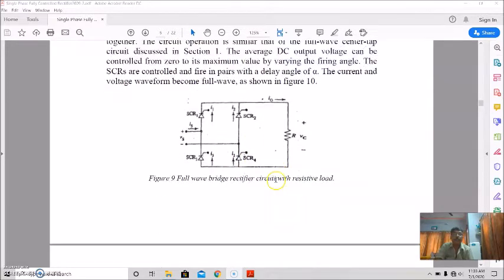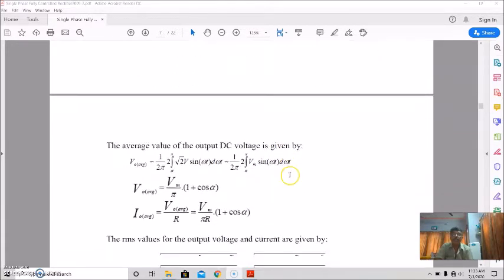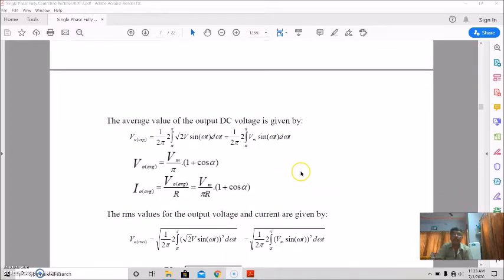So let us see what is the average value of the output DC voltage, that is 1 by 2 pi, 2 times the integration from alpha to pi of root 2 V sin omega t d omega t, and that comes to Vm by pi into 1 plus cos alpha.